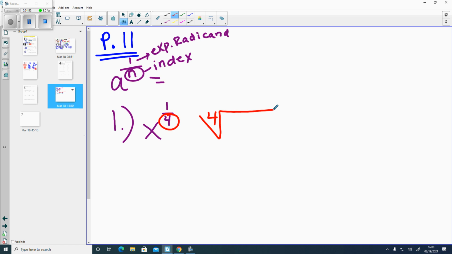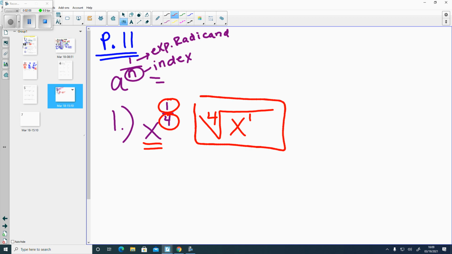Now in this case it's just 1, so anything to the 1st power is itself. And so in this case we just carry this over and it's x. If this were a number, it would go with it, right? But 1 we don't need. And so we just transferred into radical form.